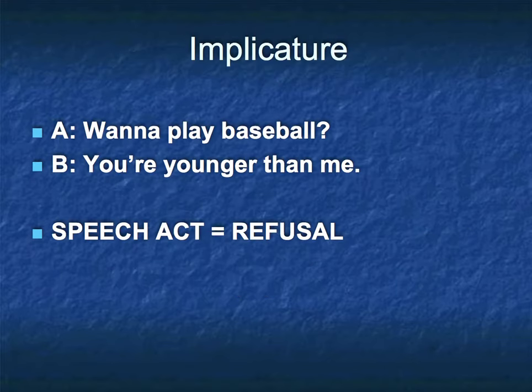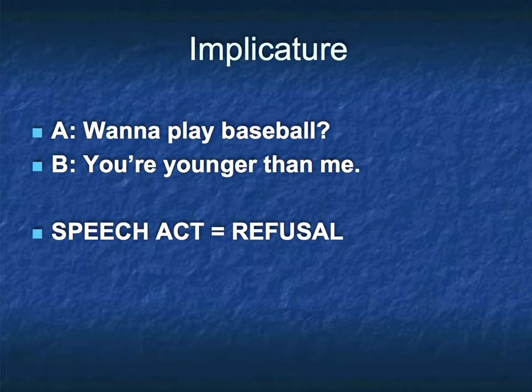So if we put all that together into an interaction, A says, "Want to play baseball?" and B says, "Younger than me," we can see that there's a particular implicature there. We note that this is a request, and so we take B's response as a refusal, okay?